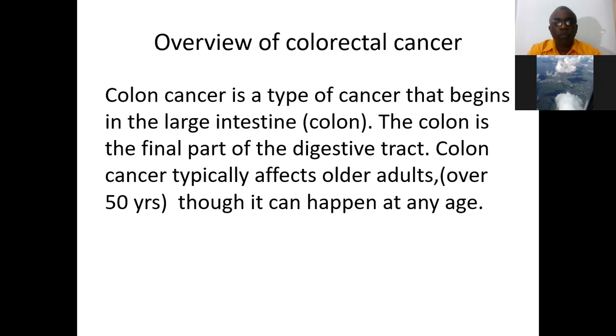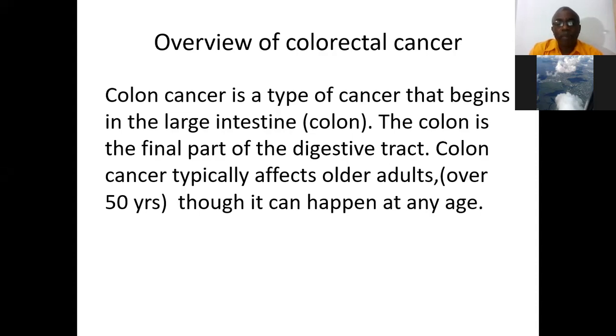So just an overview, colon cancer is a type of cancer that begins in the large intestine or the colon. And the colon is the final part of the digestive tract. We will show a picture of the whole digestive tract in a short while.